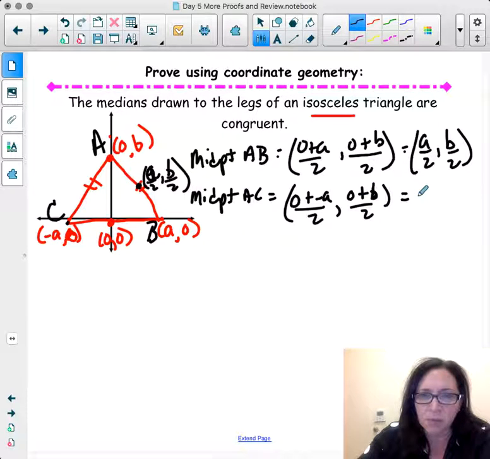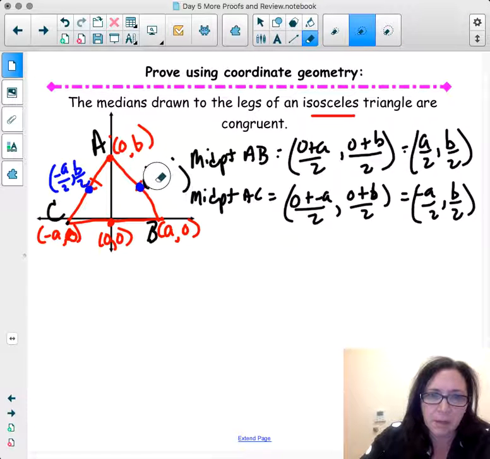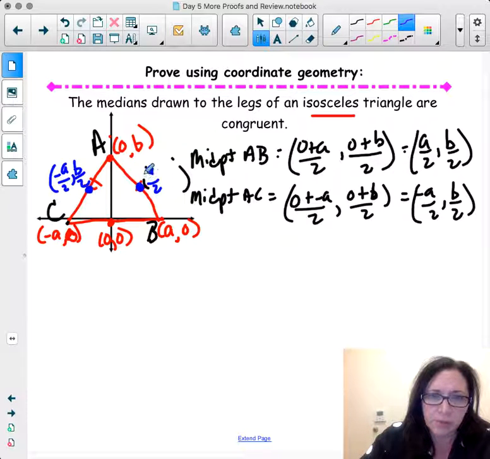And that's going to equal negative A over 2, comma, B over 2. So that's what these two points are. This point, let's put it in blue, over here is my midpoint. These are both my midpoints. This point is going to be (negative A over 2, B over 2), and this midpoint here is (A over 2, B over 2).